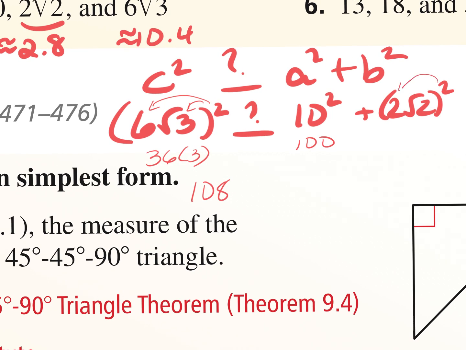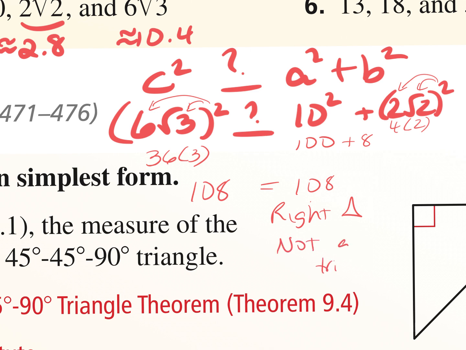This one I'll square the 2, square the radical. 4 times 2, and I get 8. So I get 108 equals 108. This is a right triangle. However, it is not a triple because 2 of the side lengths are radicals. So not a triple, but it is a right triangle.